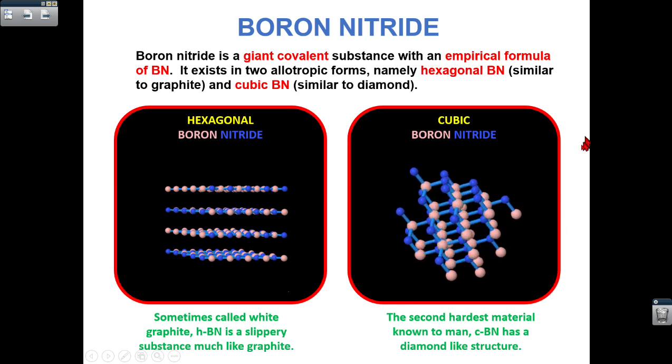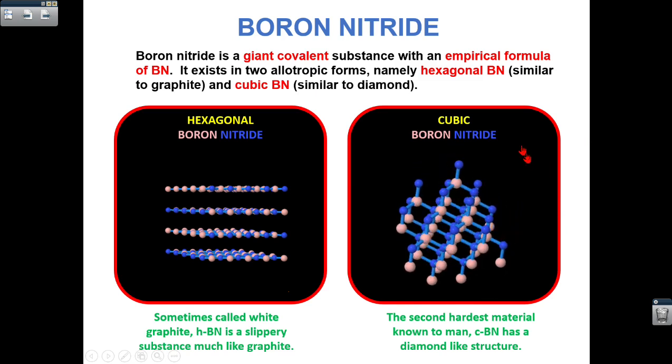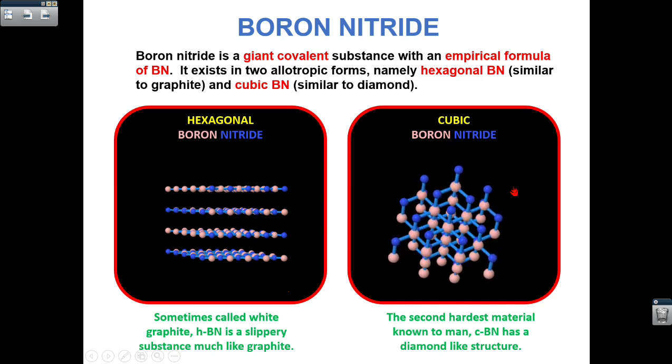On the other hand, cubic boron nitride has got a much more diamond-like structure. Each of the boron atoms, again shown here in pink, are bonded to 4 nitrogen atoms, and each nitrogen atom, difficult to see here in this structure, is bonded then to 4 boron atoms.